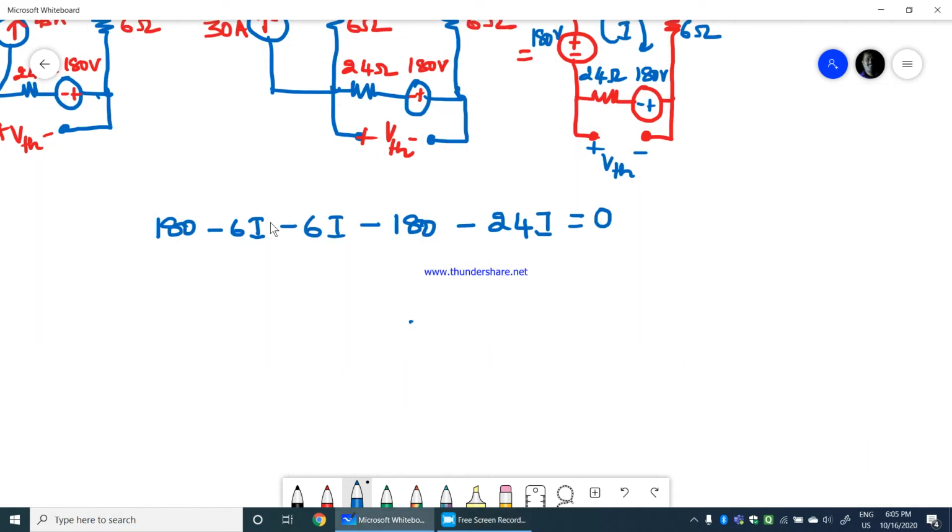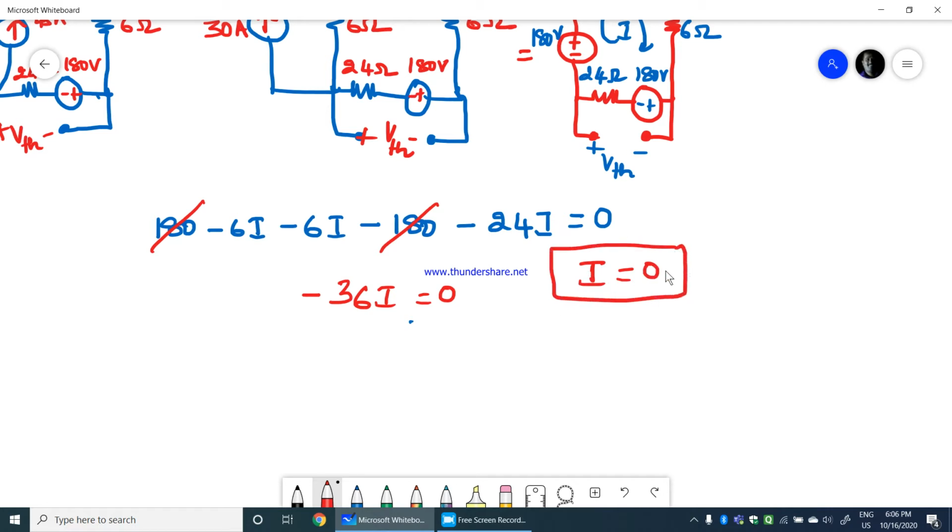Okay, therefore you see the 180 gets cancelled with this 180. So therefore you will get minus 24I minus 6I minus 12I. So minus 12I minus 24I, 36I equals 0. Therefore, you can easily say that I equals 0 here, right?